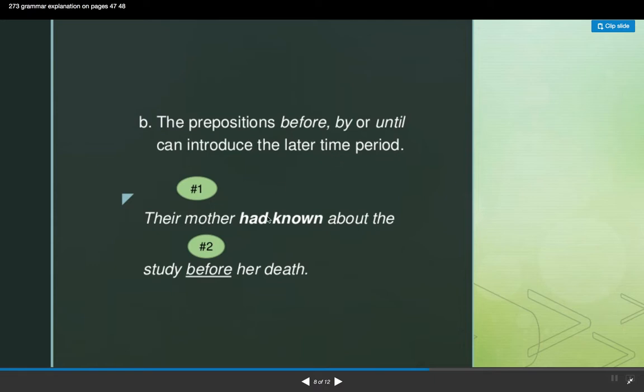So their mother had known about the study before her death. So here is the past perfect, the first thing that happened. Then her death, there's no verb there, but the before is introducing something that happened later. So this happened, and this happened, and then this happened.